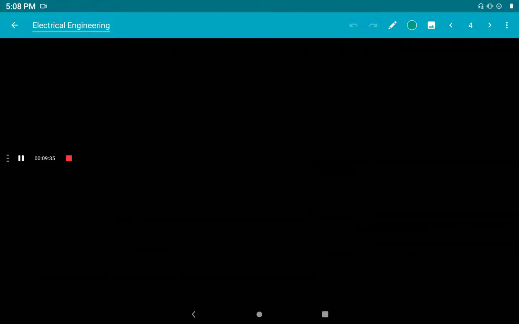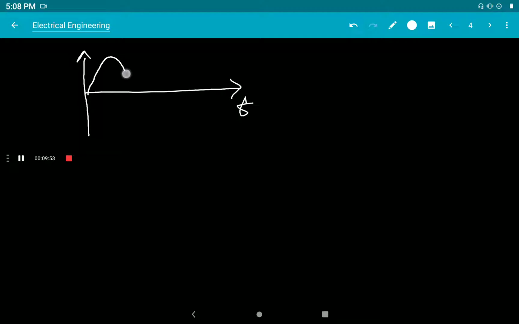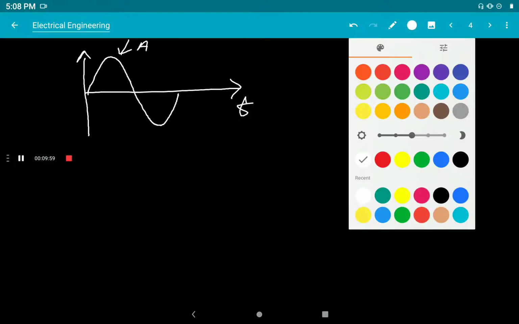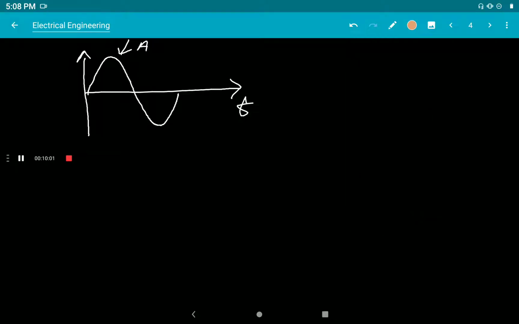Okay. Now another example, I will show you another example. First you consider a waveform A. This one is A. And second one which starts from 90 degree.